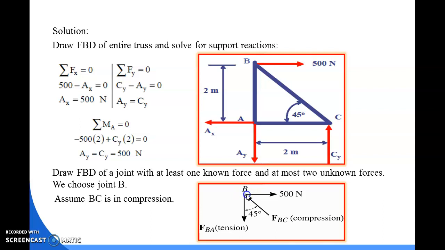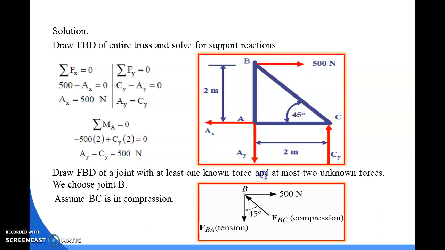Joint B is connected by two members, that is BA and BC, and one force, which is a horizontal force of 500 Newton. According to procedure, we need to draw a free body diagram of joint B.